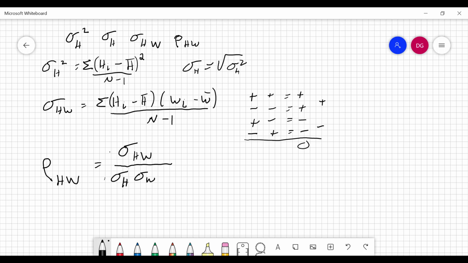And so the maximum value for the correlation coefficient is 1. It can't be any bigger than 1. It also can't be any smaller than -1, because even if they vary exactly opposite each other, they can't vary opposite each other any more than the total amount they vary. And so the correlation coefficient is bounded by -1 and +1.